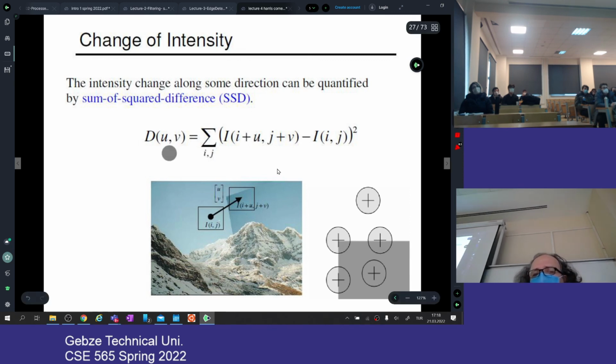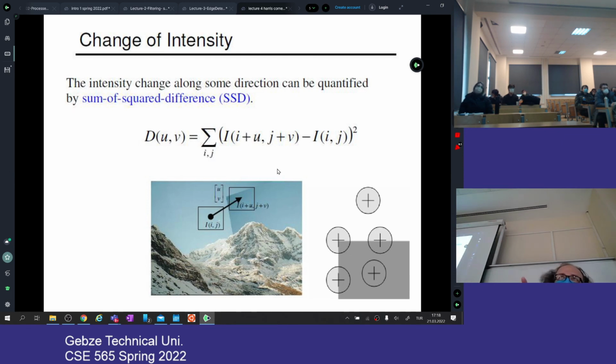If I move my window in this direction (u, v), where u and v are just two integers like 1 and 1, so I am adding 1 to x and adding 1 to y, I am moving 1 and 1 this way, assuming that this is 0, 0. For each (u, v) position, calculate this.